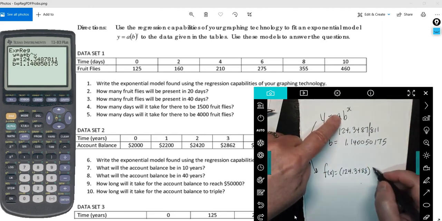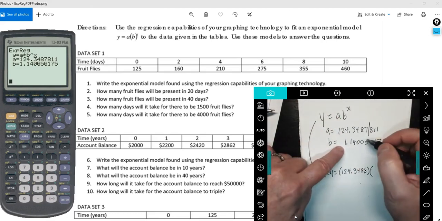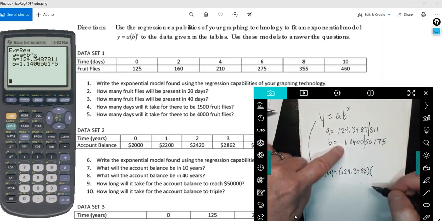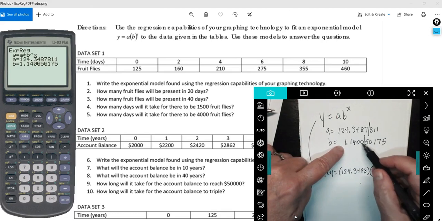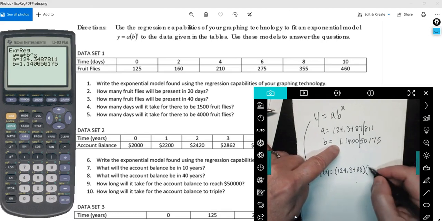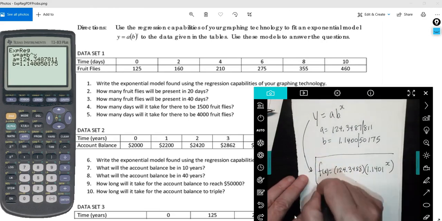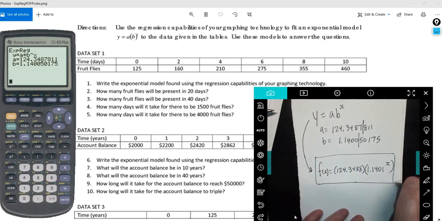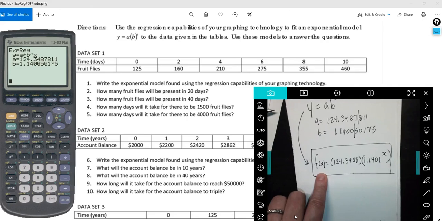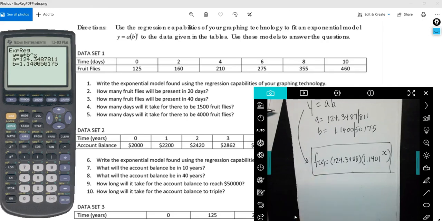Then times b, and I'm going to take that to 4 places, and that 5 is going to boot that up to a 1 when I round it. b to the x. This is my regression equation. So it's a function of x. So that would be the answer to number 1 on this worksheet.